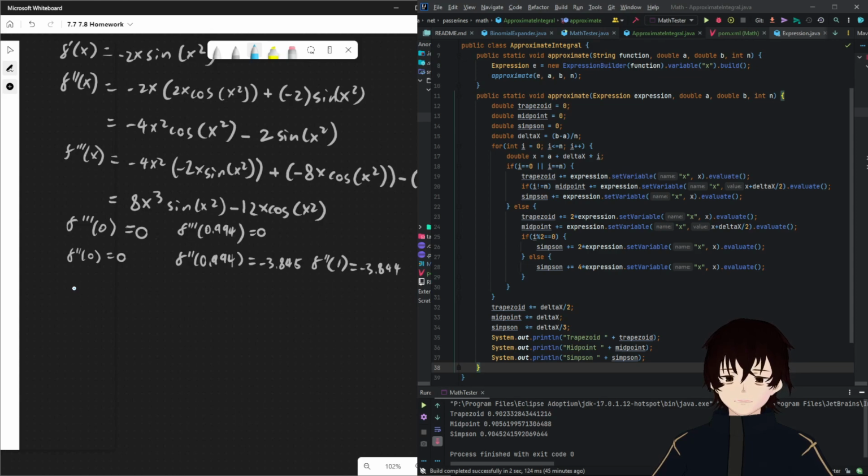Anyways, absolute value of the trapezoid rule error is less than or equal to negative 3.845 times 1 to the power 3 over 12 times n squared.